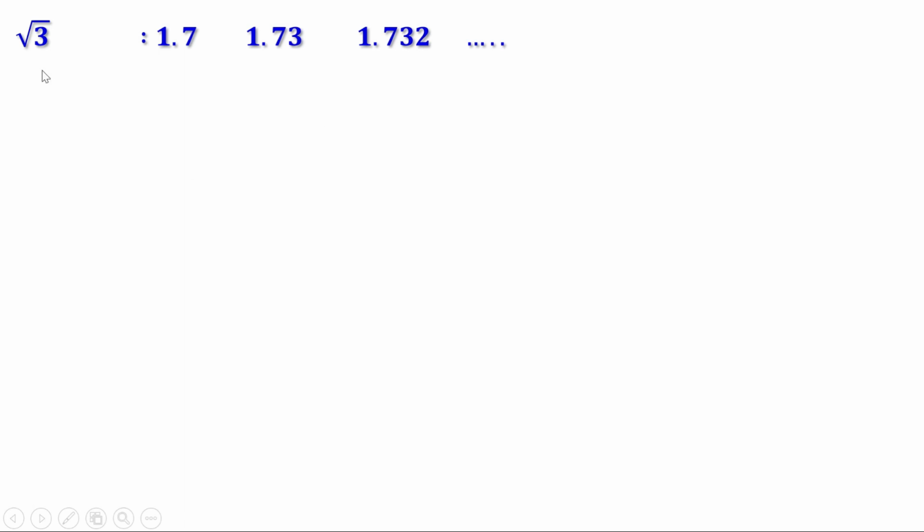Now what is 2 root 3? We know 2 root 3 is 2 into root 3. So let us multiply these values by 2 to get 2 root 3. So the value of 2 root 3 is 3.4 or 3.46 or 3.464 etc. Now what is 2 plus 2 root 3? To get 2 plus 2 root 3, we can add 2 to these values.